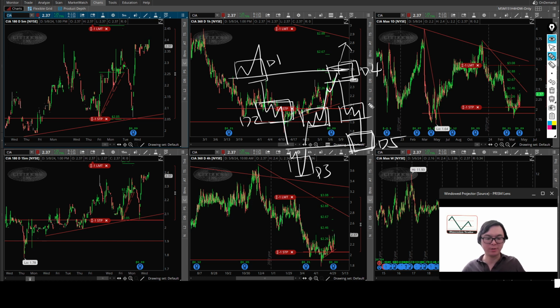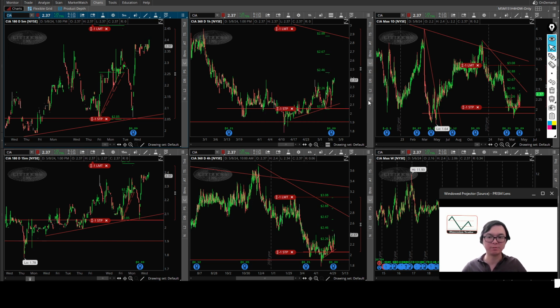Okay, so let's begin with the first pair. With the stock CIA, we can see a clear trend line forming in the 4-hour and hour chart, where price is hitting the bottom right here.